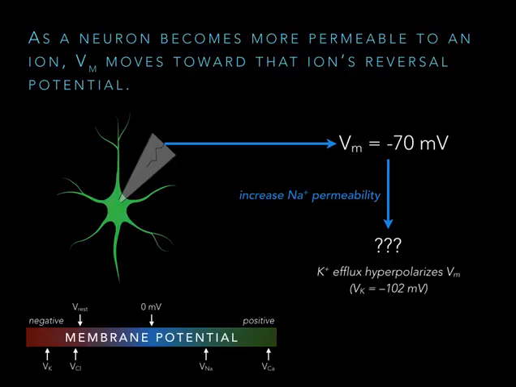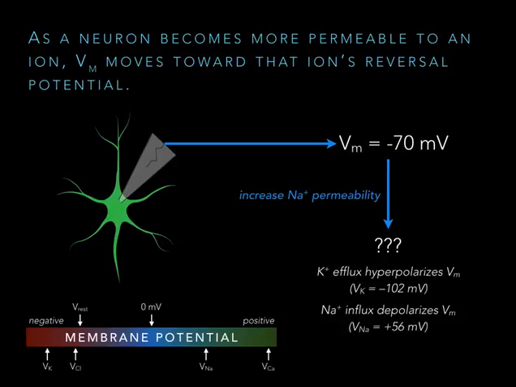So if we have maximal sodium permeability, we're going to actually bring our membrane potential to positive 56 millivolts. We can never go above that. Sodium can't bring us to positive 57 or 58 millivolts, because once it hits the reversal potential, those two forces, the diffusive and the electrical, cancel each other out.